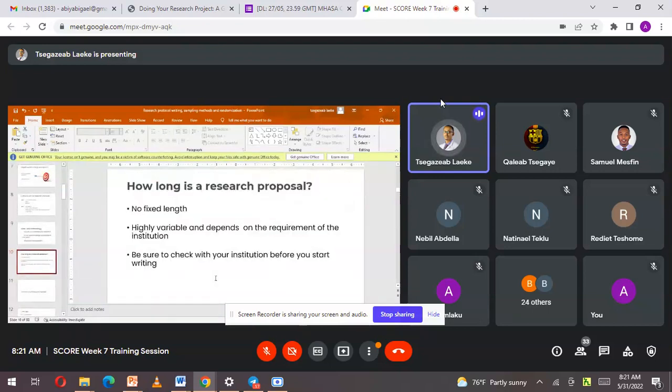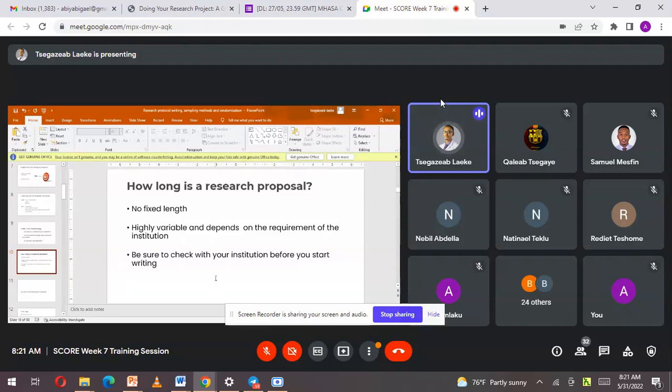And then the other is you have now gathered too much information. You have gathered many studies that were done, and then you might ask, how long should I write? This doesn't have any fixed length, and it's highly variable and depends on the requirement of the institution.